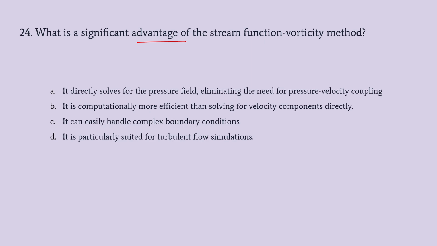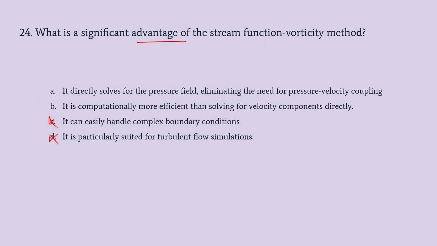Okay, if you remember previous question discussions, we can easily eliminate some of the options. Like option C, it can easily handle complex boundary condition. We have seen that the stream function vorticity method has a difficulty in handling almost all the boundary conditions. And option D, again we can eliminate because stream function vorticity method is not about turbulent flow modeling.